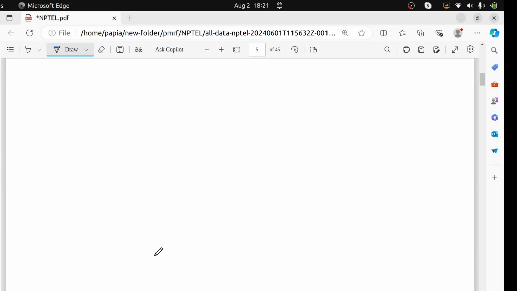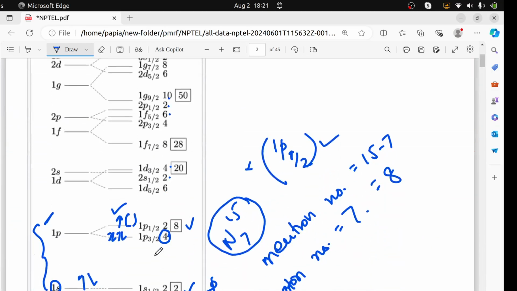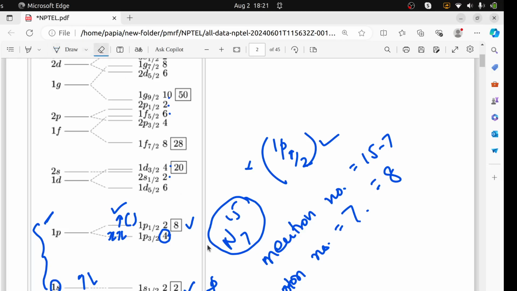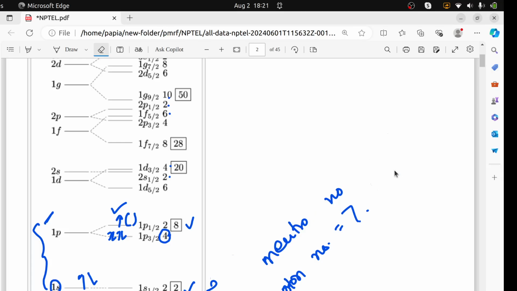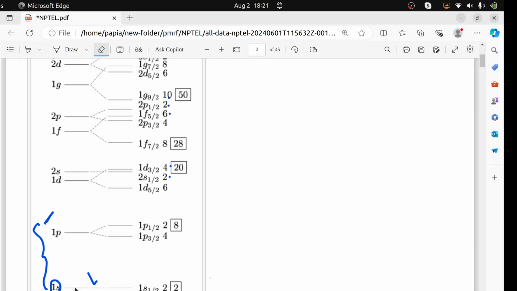Now we can come to the plot, this figure, so that it will be simple to understand. Let me again erase that one a little bit so that you will understand clearly. What was the n and p?